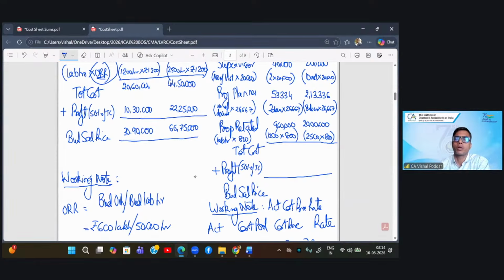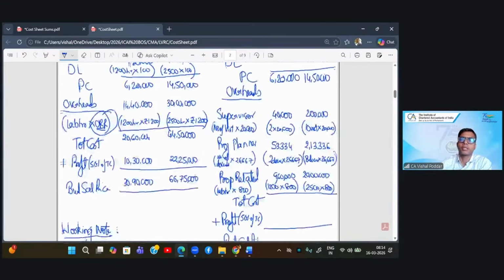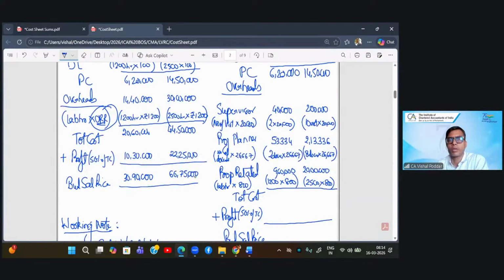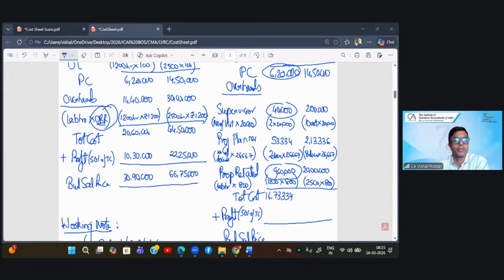That will give you your profit margin and finally the price. Correct, students? So 620 prime cost plus 40 is 660. 660 plus 960 is 1620. So it is 1673,334. Right?